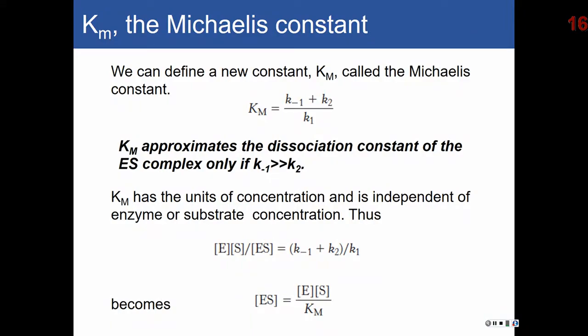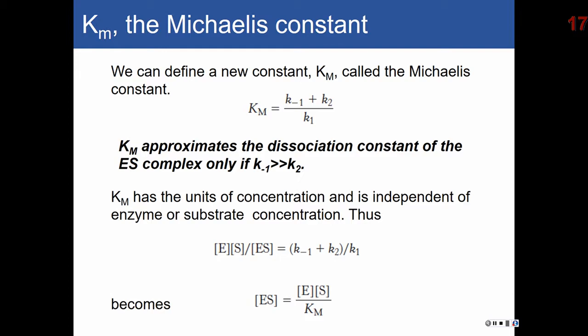Okay, so now that we've confused ourselves with Km's and K's and K minus ones and everything, let me throw in a little extra. So remember that Km is approximating the dissociation constant of the enzyme substrate complex, or the transition state, only if K minus 1 is much, much greater than K sub 2.